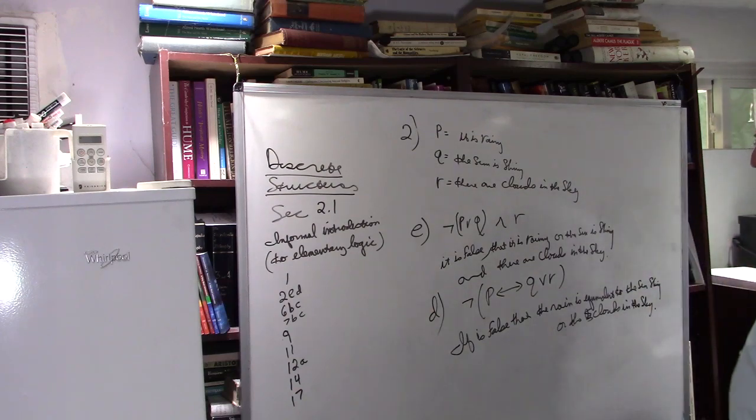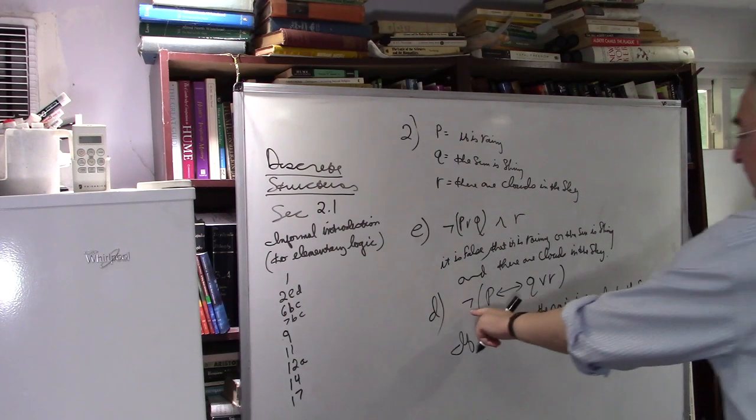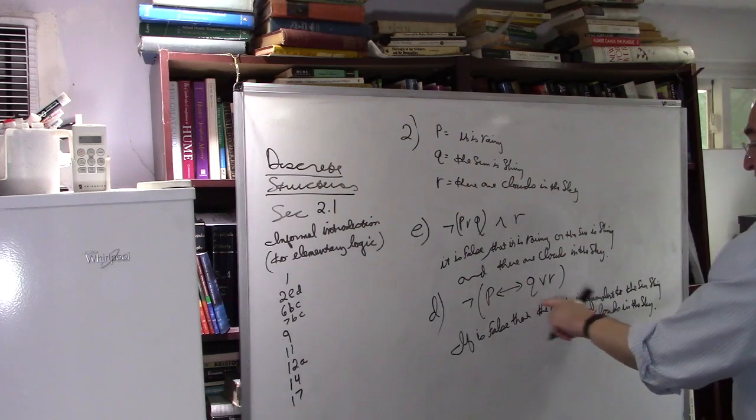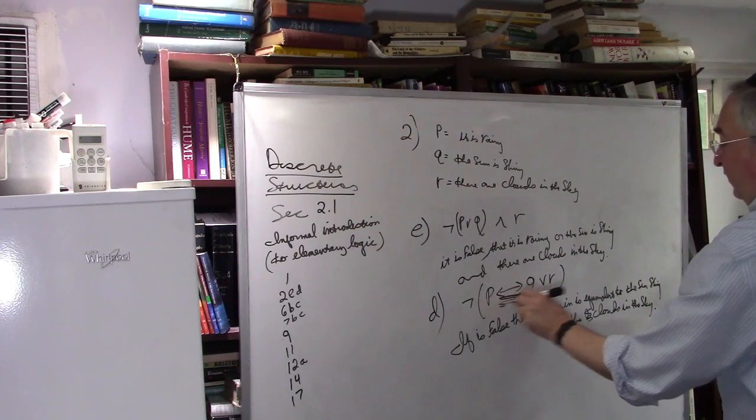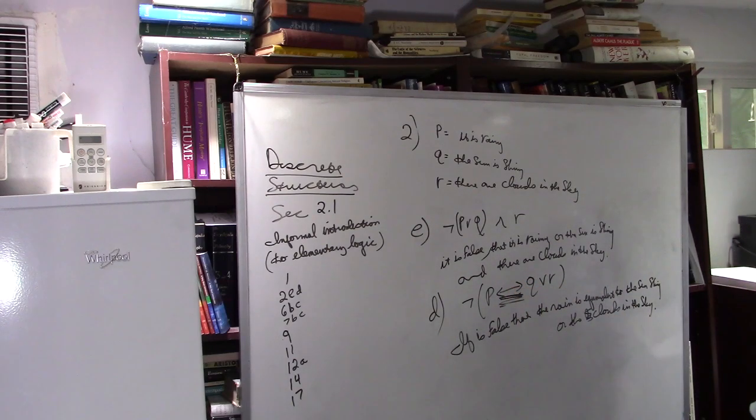Okay, you really got to make it is false. That's the false. That the rain is equivalent, that's another way of saying this, equivalent or biconditionally, to the sun shining or the clouds in the sky. So that takes care of that.